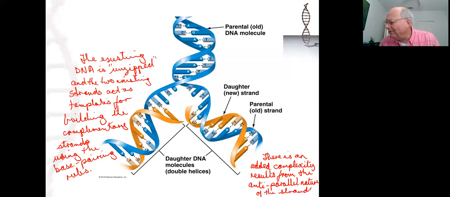So one of the things that we can never forget is the fact that the two strands are anti-parallel. That affects a whole lot of things, as you'll see.